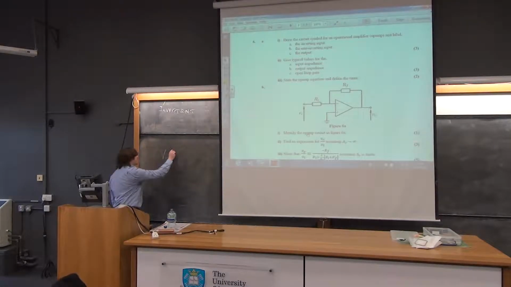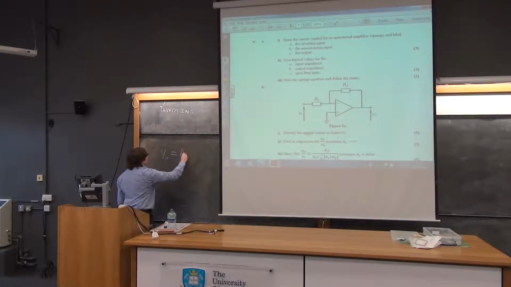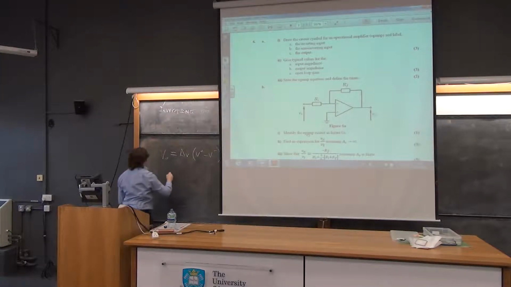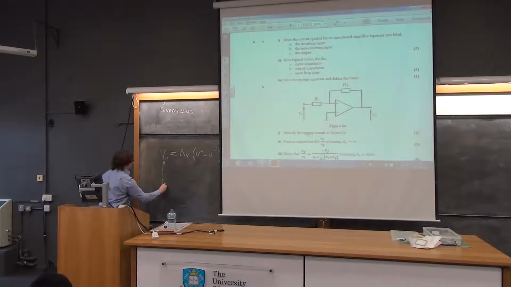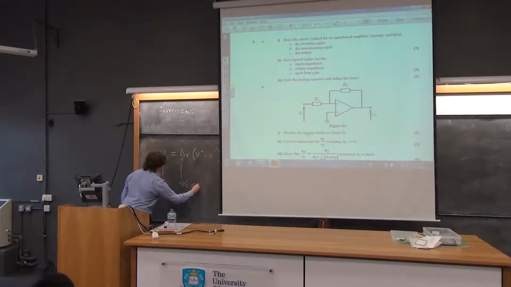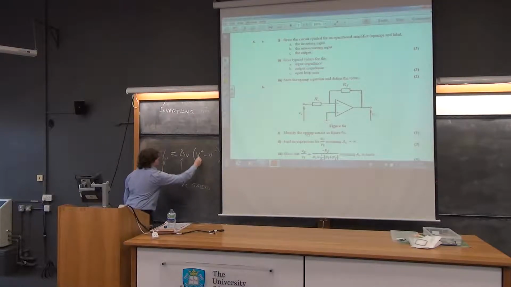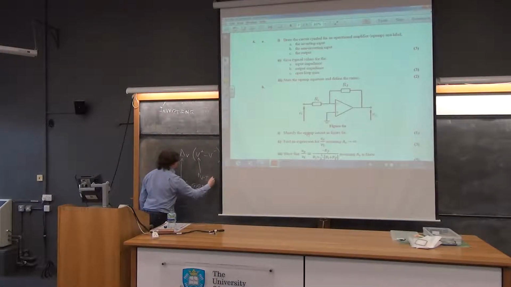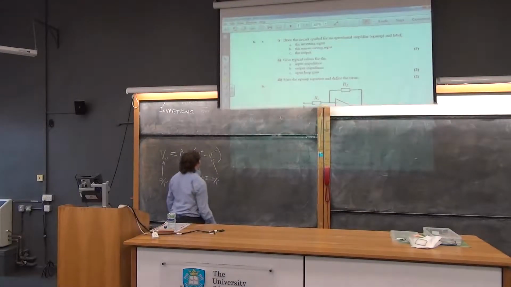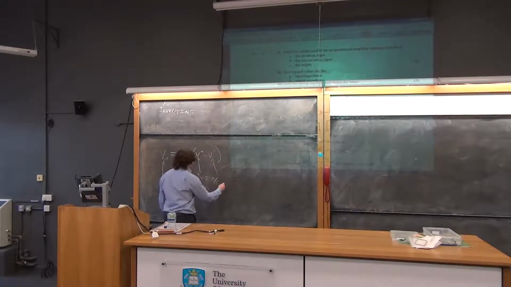So VO is the output, AV is the open loop gain, V plus is the non-inverting input, and V minus is the inverting input.